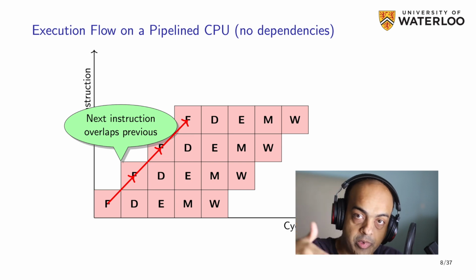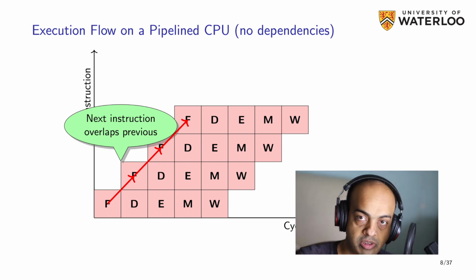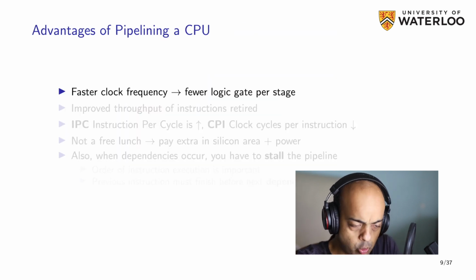So you can keep pushing data through your pipelines and keep every stage busy, right? At any given point in time, you'll have multiple partial executions of different instructions flowing through your pipeline, right? If you take a snapshot of the pipeline at a given point in time, this will be staggered across different instructions. Okay.